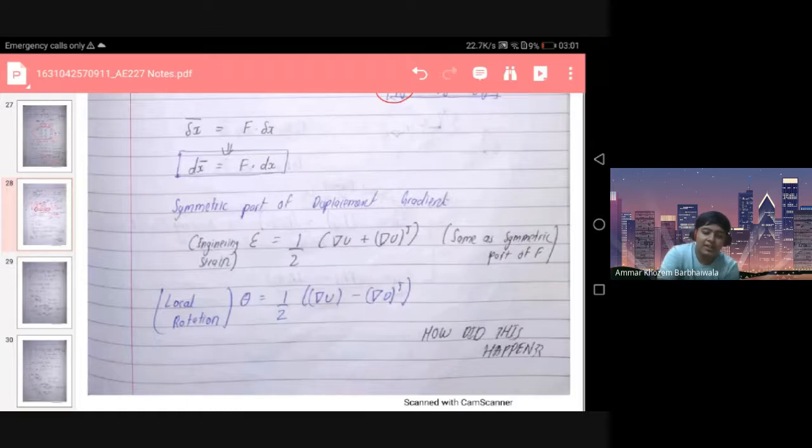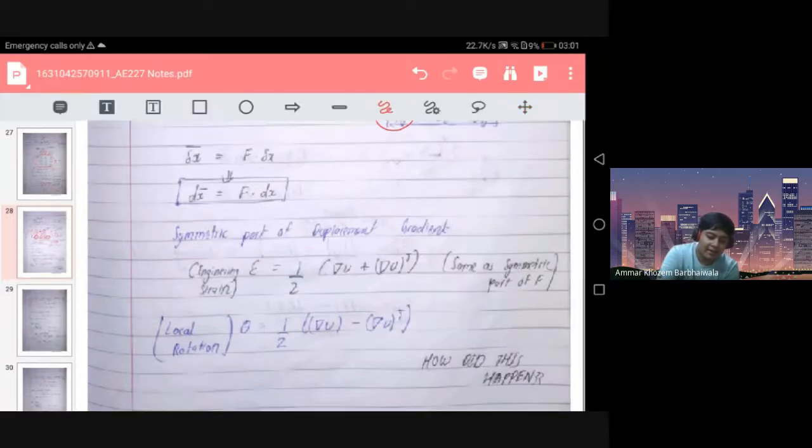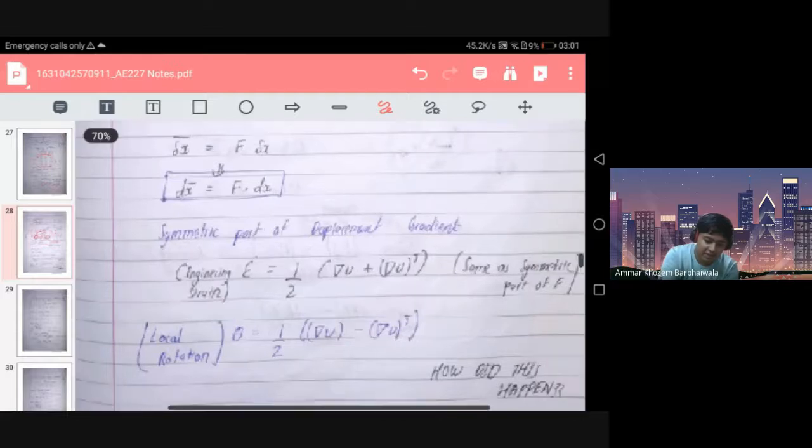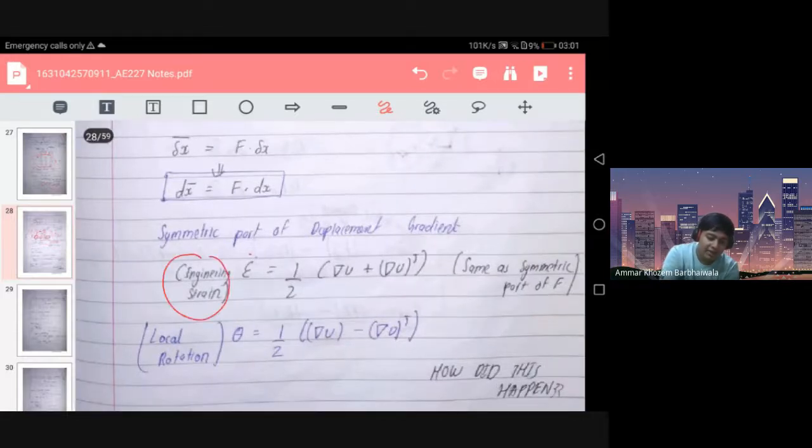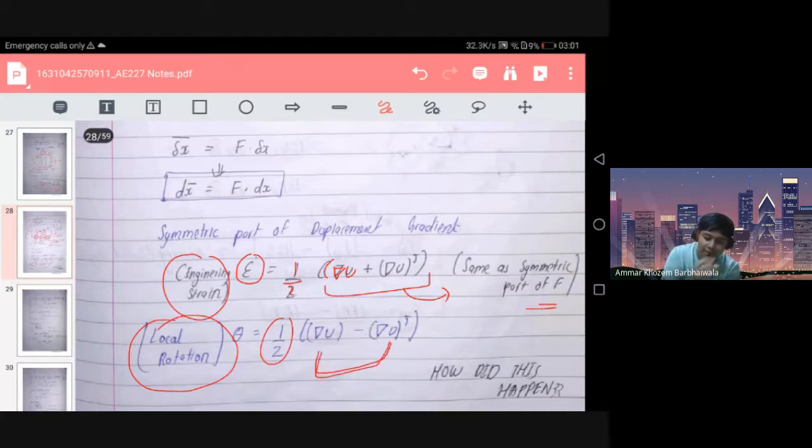Engineering strain epsilon is equal to half of the gradient of u plus its transpose. It's basically the symmetric part of this displacement gradient tensor. And there's also this quantity called local rotation theta, which is half of the anti-symmetric part of this gradient.